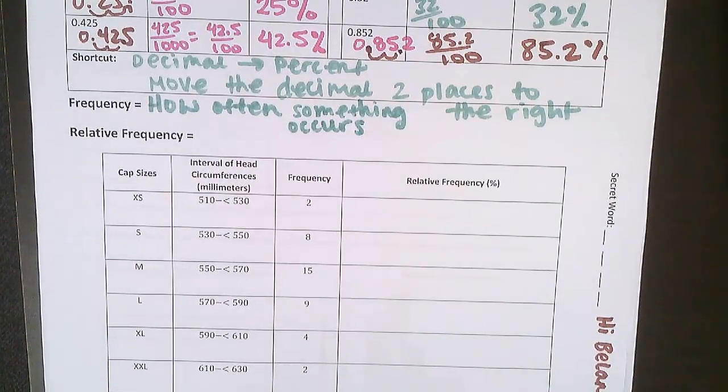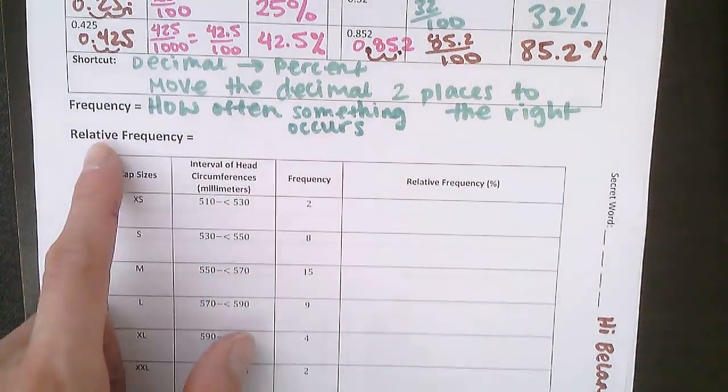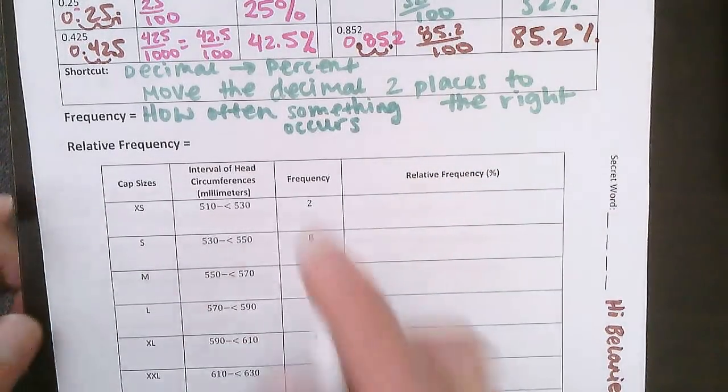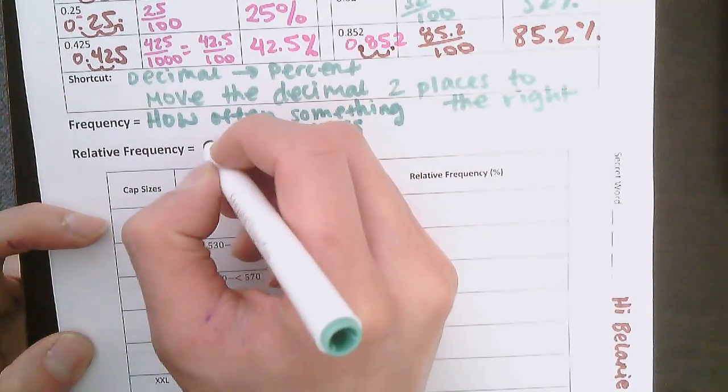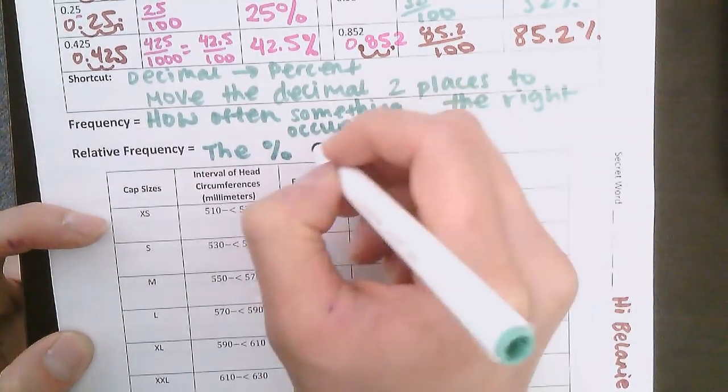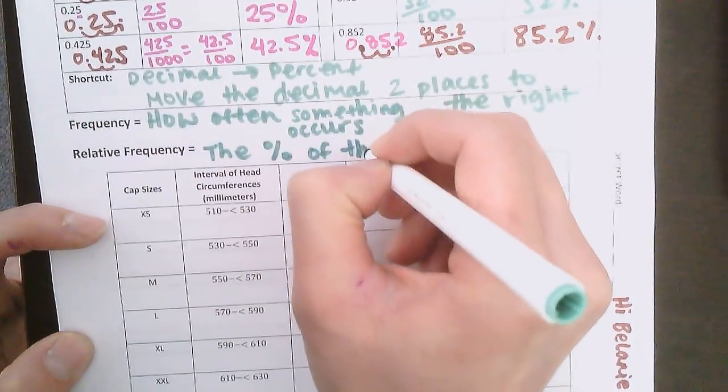Frequency is how often something occurs. And the relative frequency is the percent. We're going to use the percent sign here. The percent of the total.